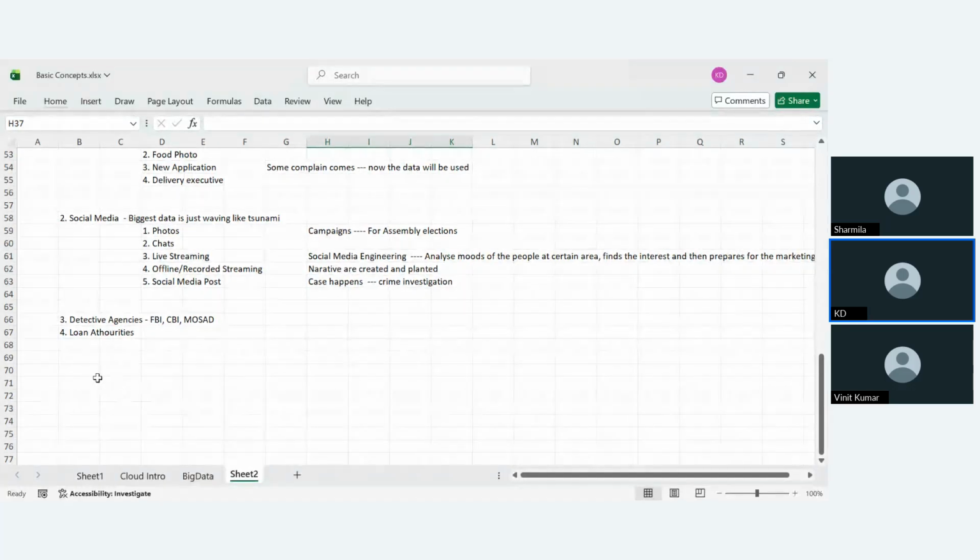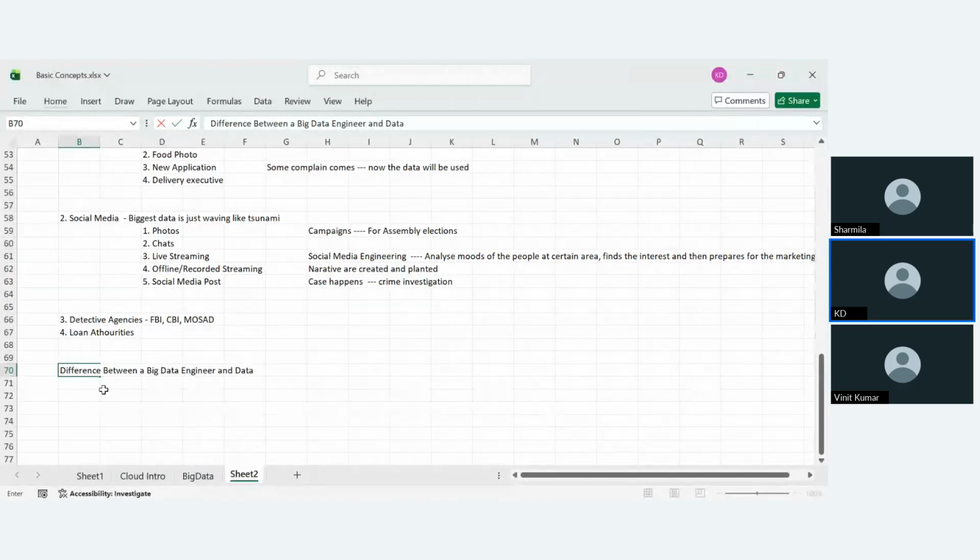Okay. So basically, the difference between a big data engineer and a data engineer is, first of all, the job of a data engineer.